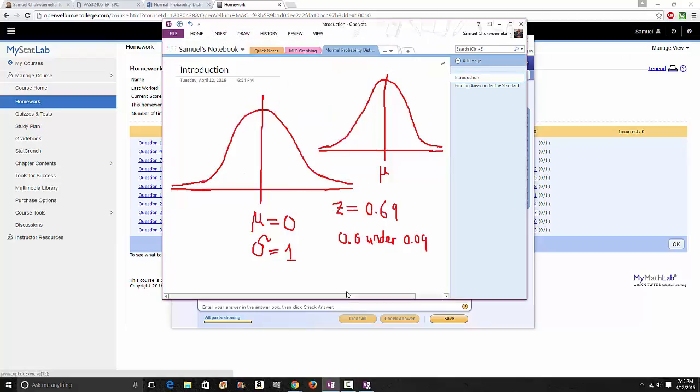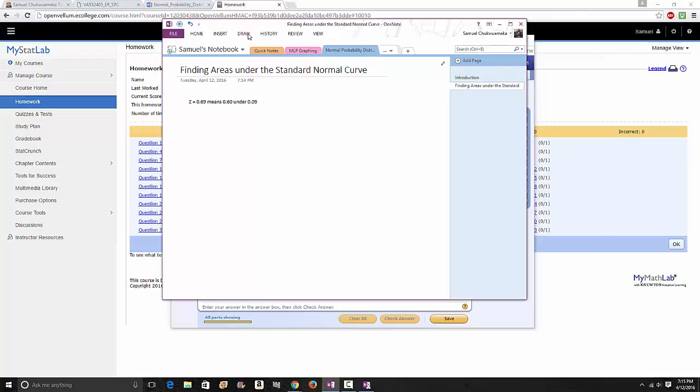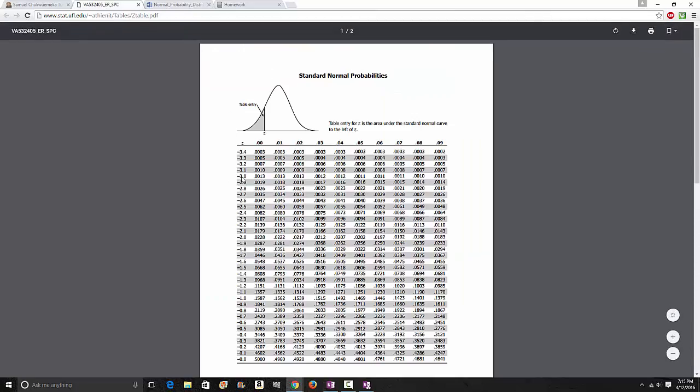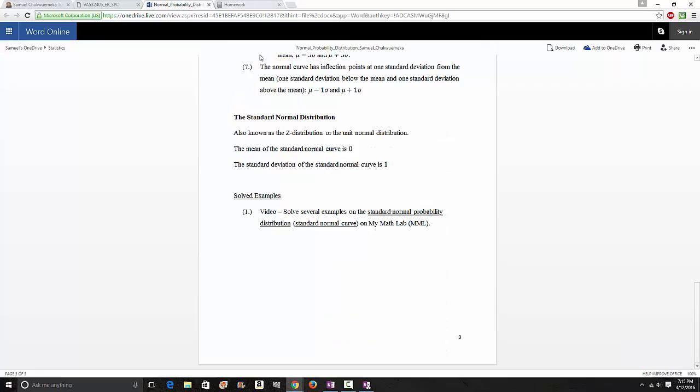Okay, I can go ahead and write this. 0.6 under 0.09. Now, you might ask me how. You want to break, like we mentioned earlier on, the Z-score is 2 decimal places.